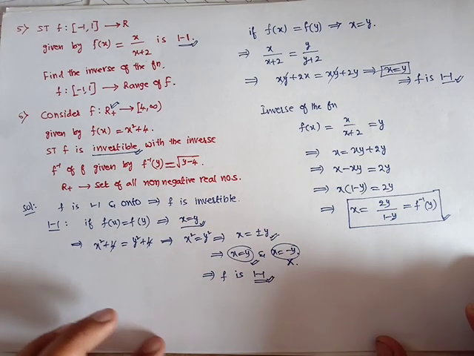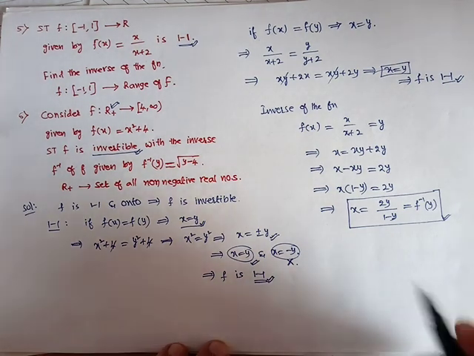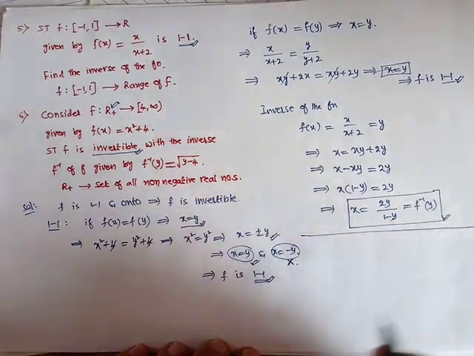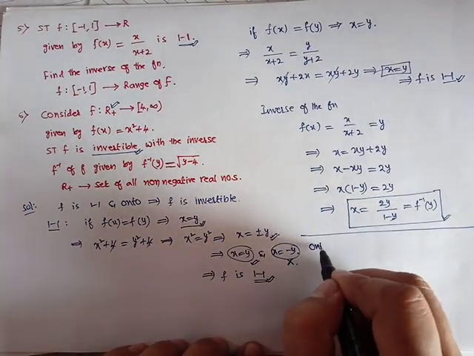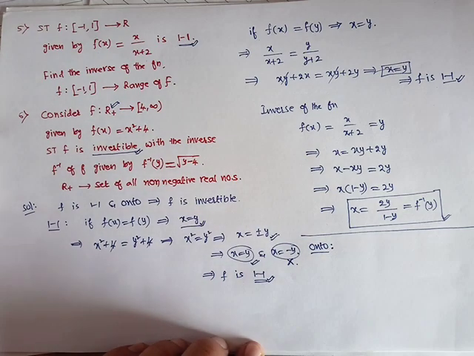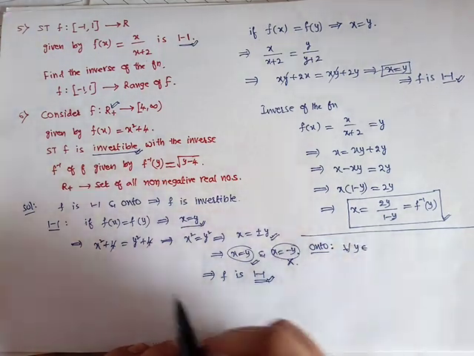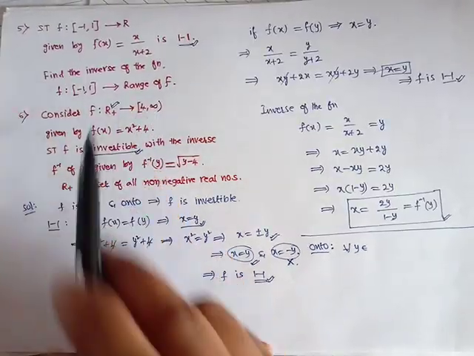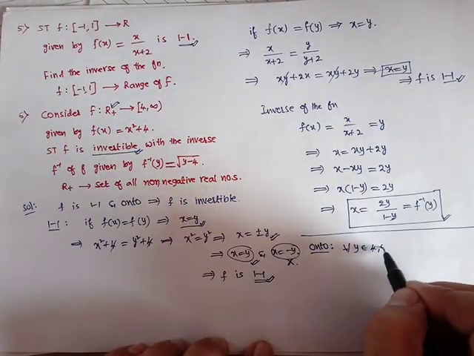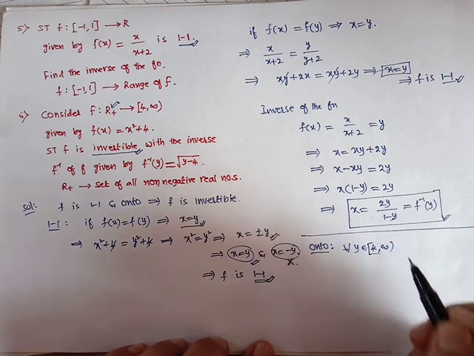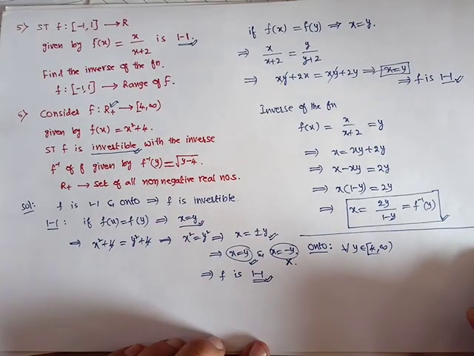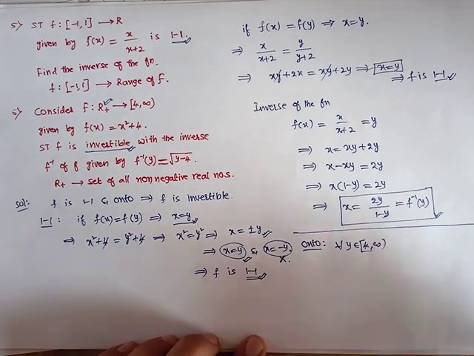Now coming to the second, whether it is onto or not. Coming to the onto case, how are we going to show it is onto? For all y belongs to the second set, which is [4, infinity), there should exist an x value.